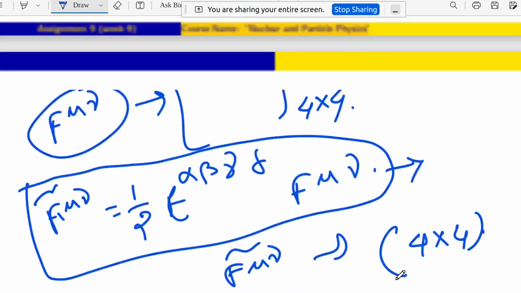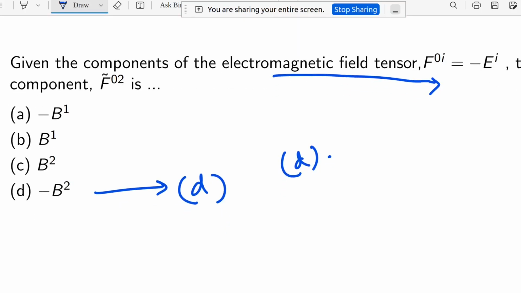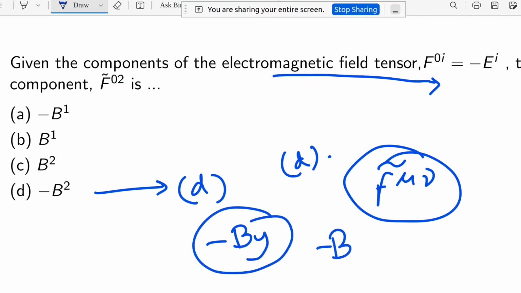Going to the options, you can see minus b2 is the answer, which is option D. So do you understand that? You just have to write the F mu nu tilde expression in matrix form, and after that you can get the component F02 tilde, and you can see that it will be minus by. So we can write here minus b2.